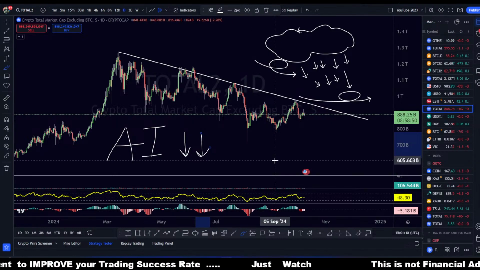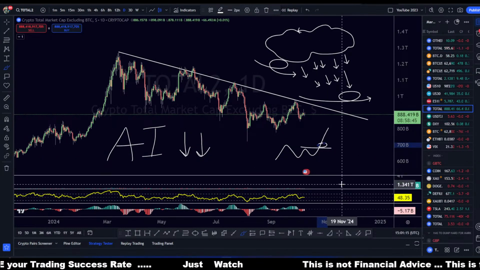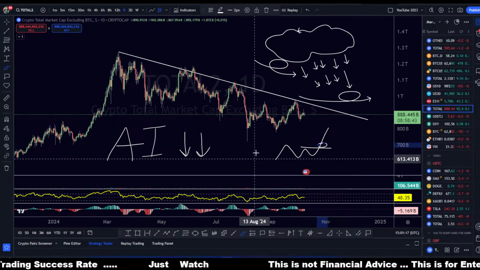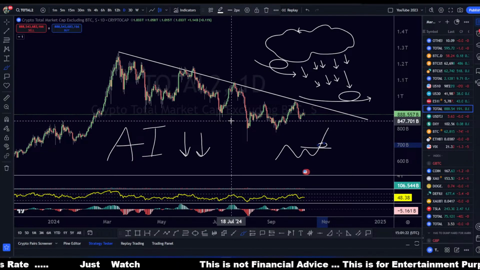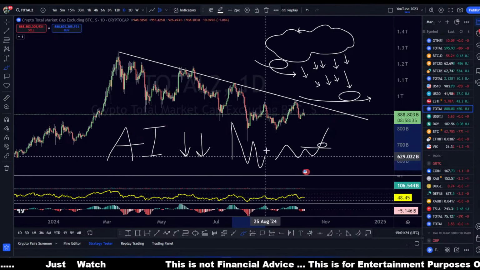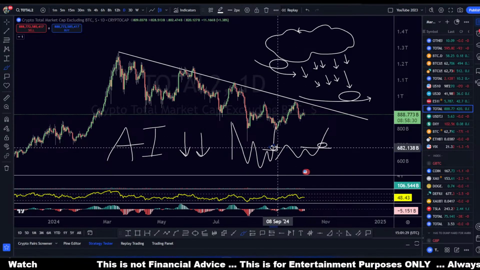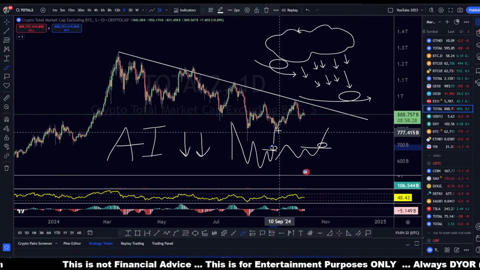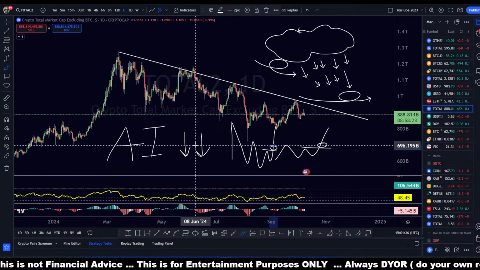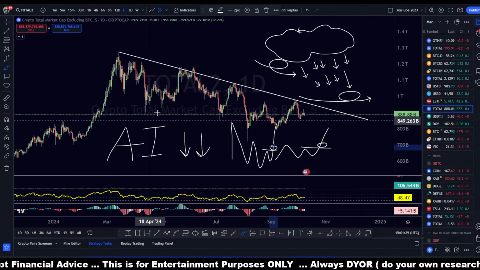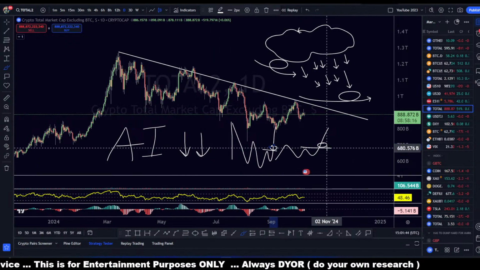However, my coin just did a break of structure, and even though the market's tanking, overall on my coin it is very bullish. So this action right here is inside this. You get what I'm saying? So does that mean I'm not going to trade my AI coin because the overall AI market is bearish? No, I'm still going to make money here.